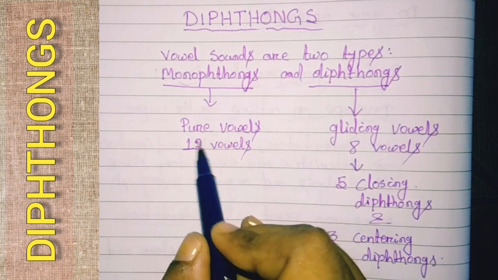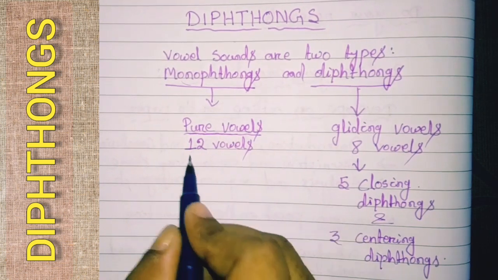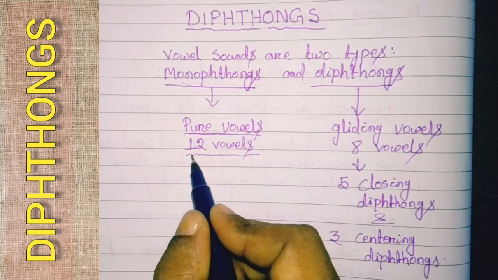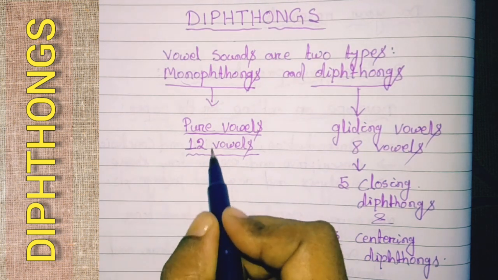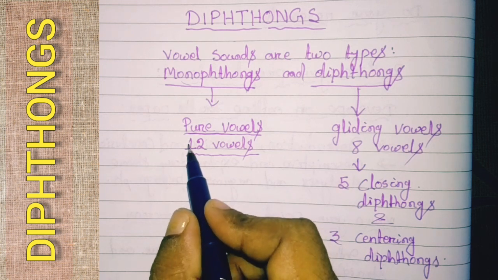Monophthongs are also called pure vowels, and in English there are 12 pure vowels. I have taught you about these 12 pure vowels in my last video.